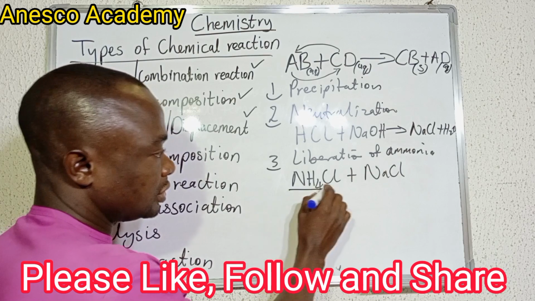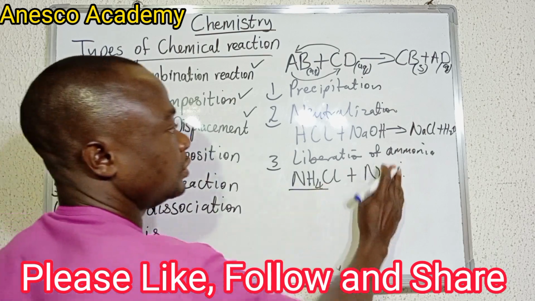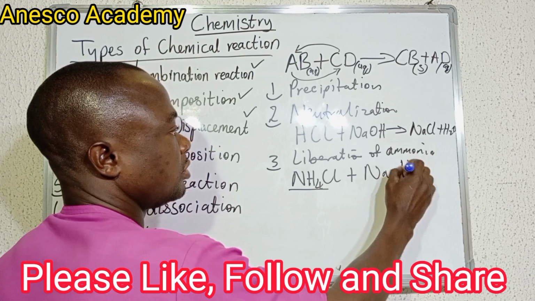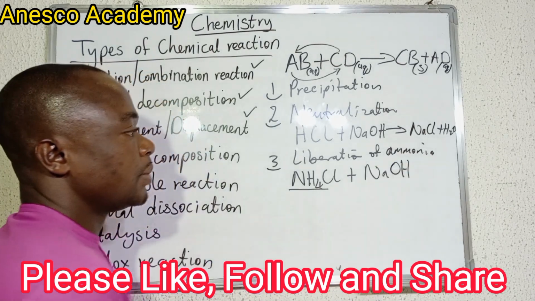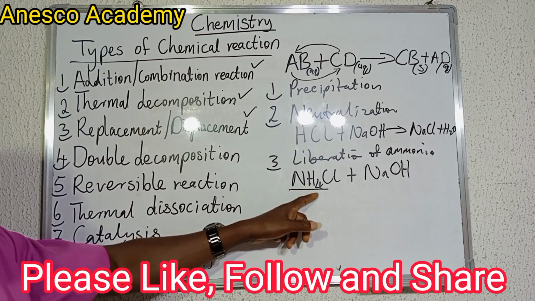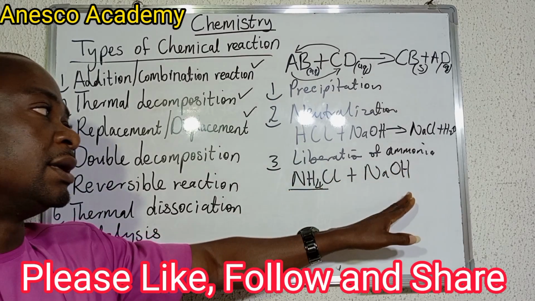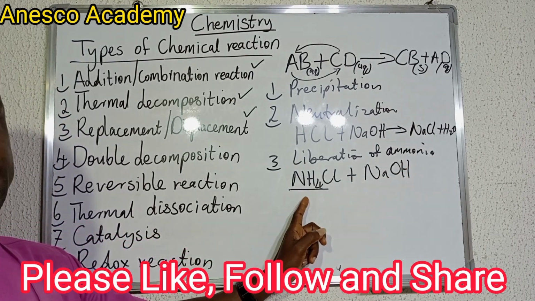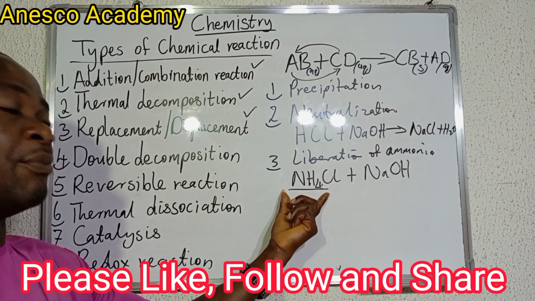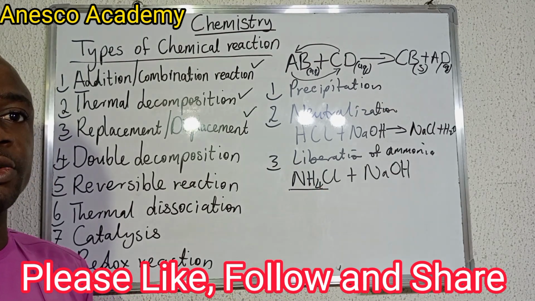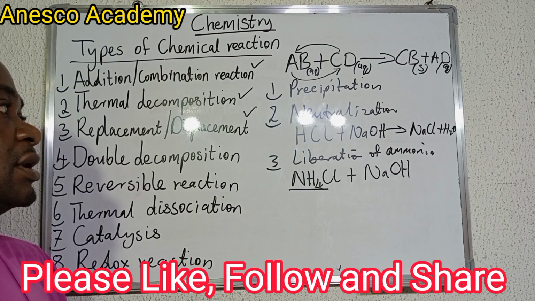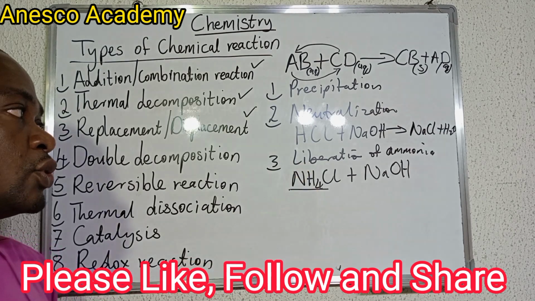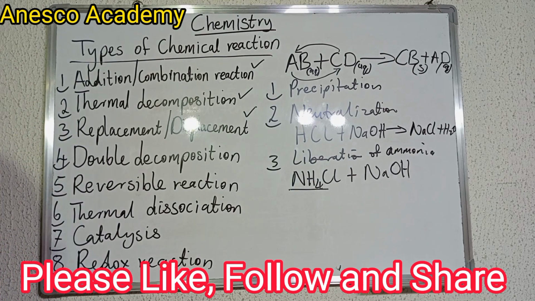In fact, any salt that contains NH4, once it reacts with any alkali like sodium hydroxide or potassium hydroxide, a gas known as ammonia, which smells somehow like urine, is liberated. The process is called, that is what we call what? Liberation of ammonia.